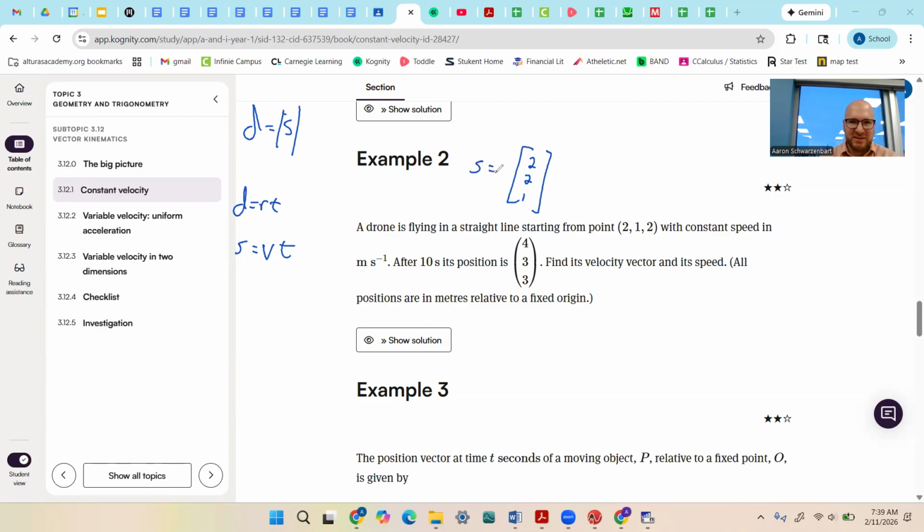Nonetheless, this is S. T is 10. So my velocity vector is 2 over 10 or 1/5, 2 over 10 or 1/5.